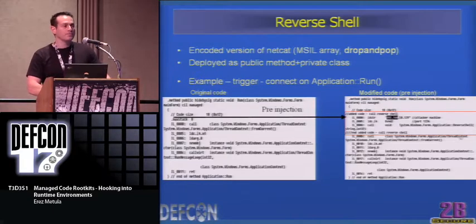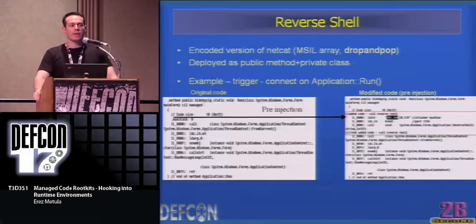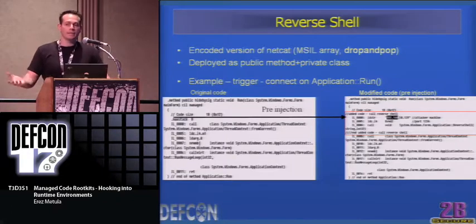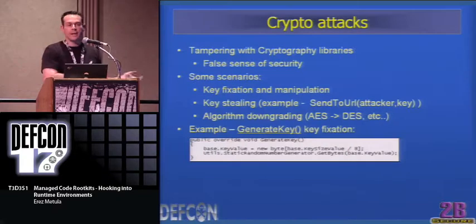Key fixation: when someone fixates your key, you're thinking that you're encrypting with your chosen key, but you're encrypting with another key. Key stealing, for example, stealing the correct key from inside the crypto class. Or algorithm downgrading, for example, the application asks for AES implementation, and what it gets back is easily crackable DES.